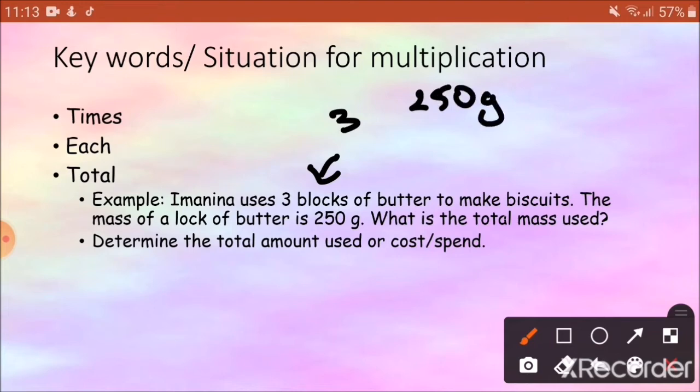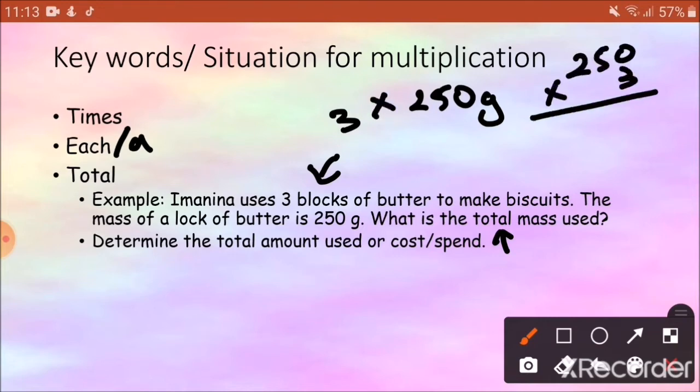So what is the total mass? You see the keywords here: total mass used. In this type of situation, we have each, which can also be a. So this one is obviously multiplication: 250 multiplied by 3. 3 times 0, 0. 3 times 5, 15, and then we bring the 1 here. 3 times 2 is 6, and then 7. So the total mass used by Imanina is 750 gram.